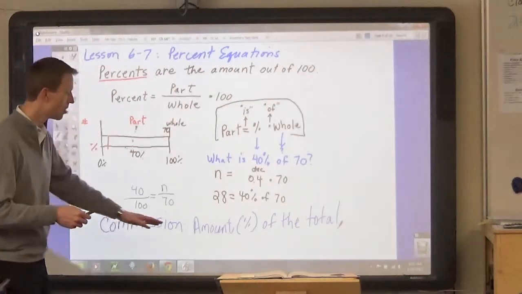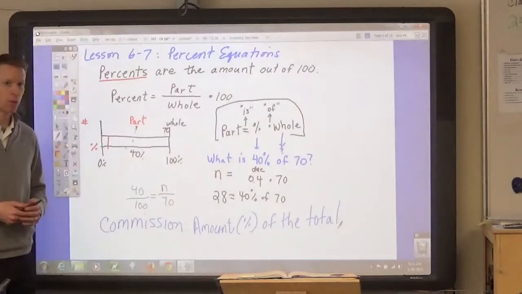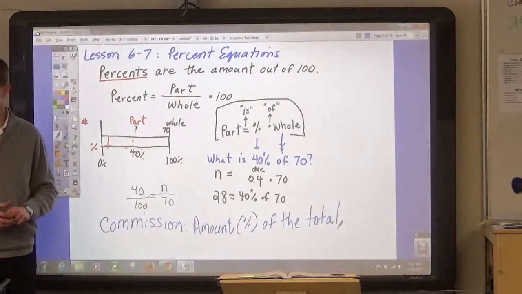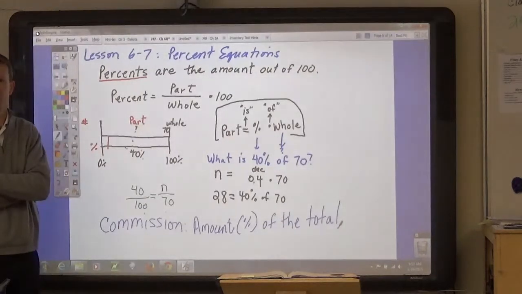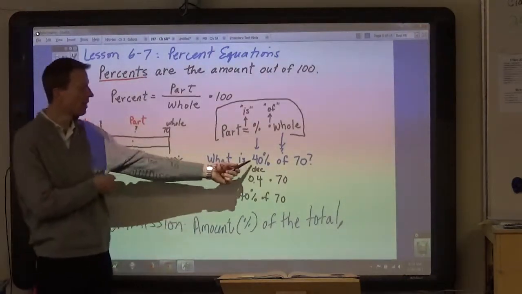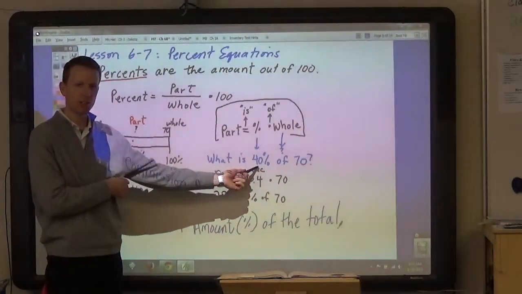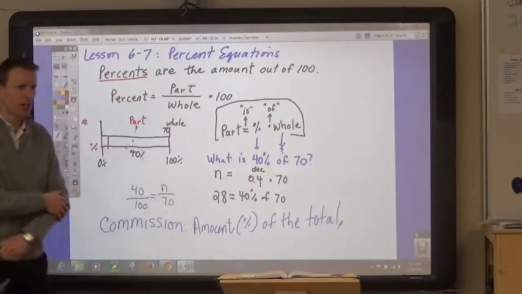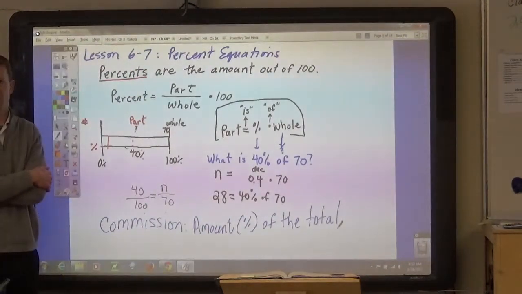So remember, commission is percent, 16% of $26,000. How would you find that? Well, instead of 40%, change that to 16%. And instead of 70, change that to $26,000.